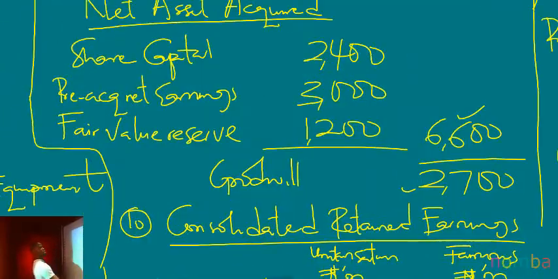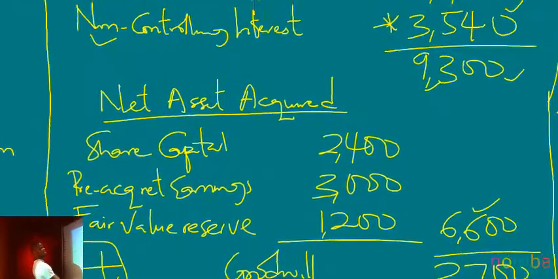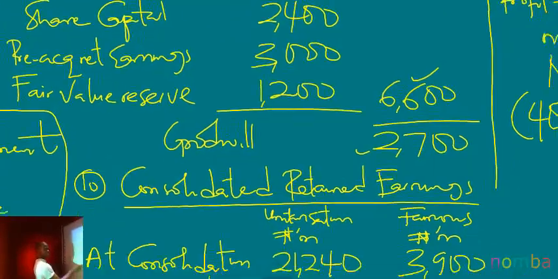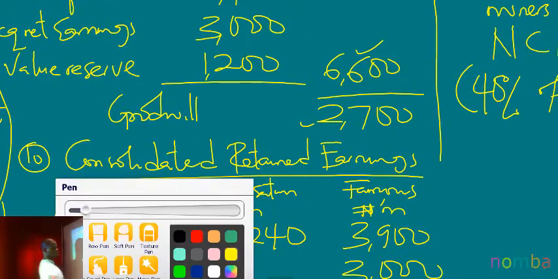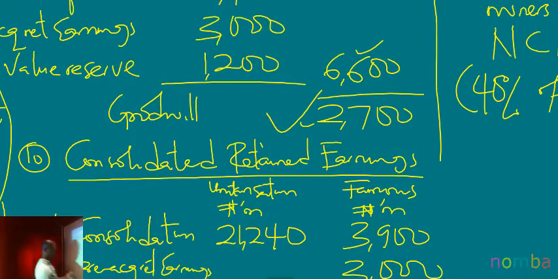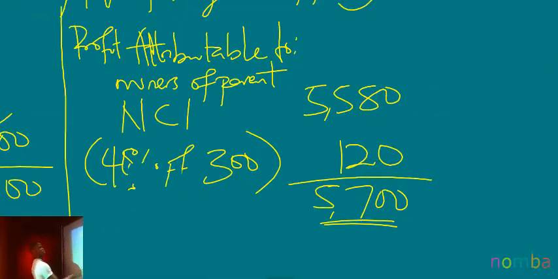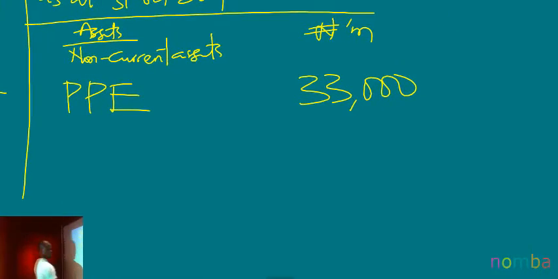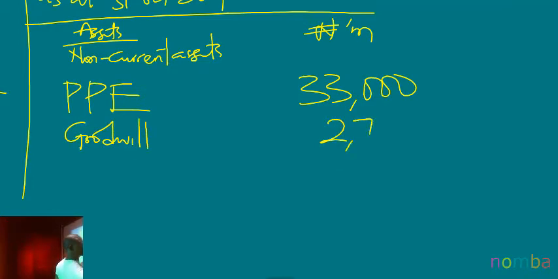We cancelled it out against the net assets acquired in these workings here, which resulted in a goodwill of 2,700. So we'll consolidate the goodwill. I'll have here my goodwill, which is 2,700.